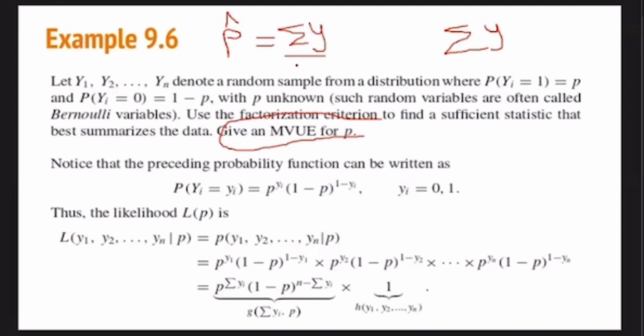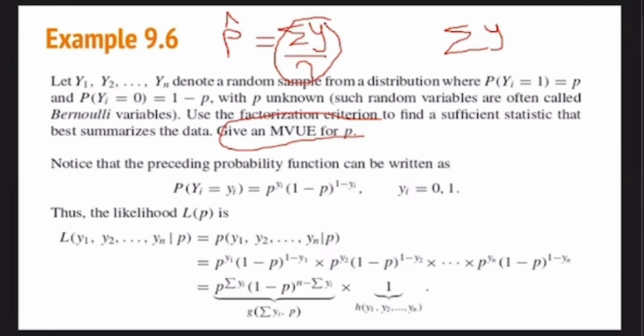You remember? The whole of this, summation y divided by n, is a function of the sufficient statistic, because the sufficient statistic is part of this estimator.